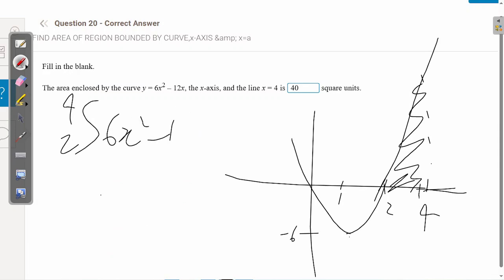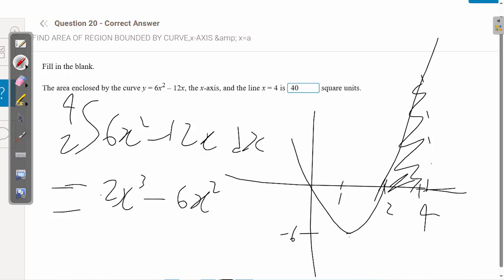The integral of 6x squared minus 12x dx is equal to 2x cubed minus 6x squared from 2 to 4.